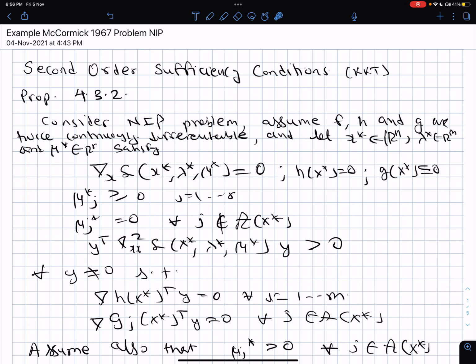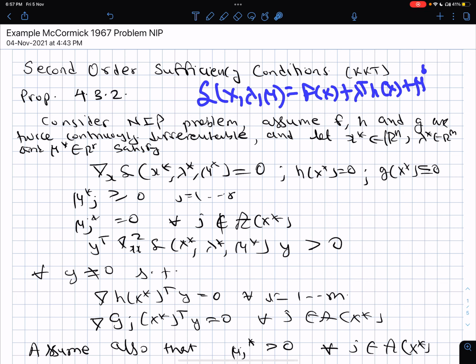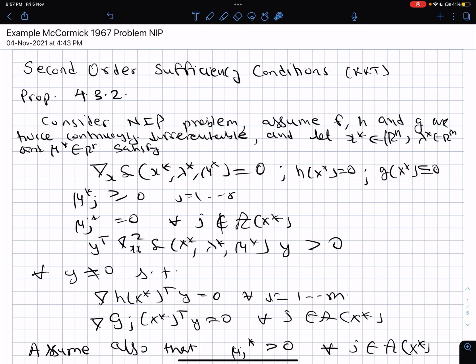Embedded in it is that, first of all, you write the Lagrangian function of x, lambda and mu, which can be written as f of x plus lambda transpose h of x plus mu transpose g of x, where lambda is the Lagrange multiplier for the equality constraints and mu is the Lagrange multiplier for the inequality constraints.